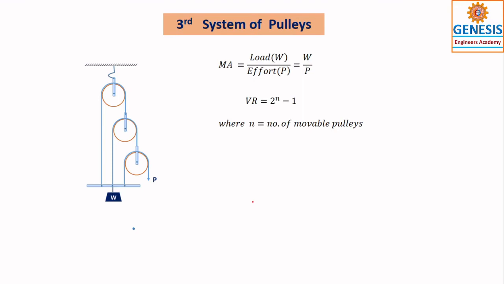Now we will move to third system of pulleys. So here I start my journey that I am applying the force, that is effort is P and the tension is T and this is also T. Okay, this is T and this is 2T and this is 2T. You got my point? So I can apply upwards also, that is 2T.